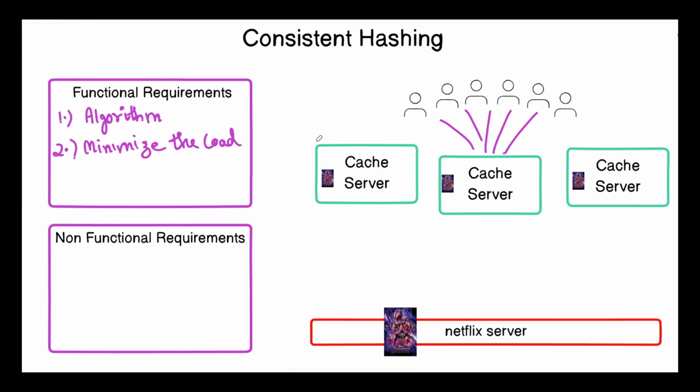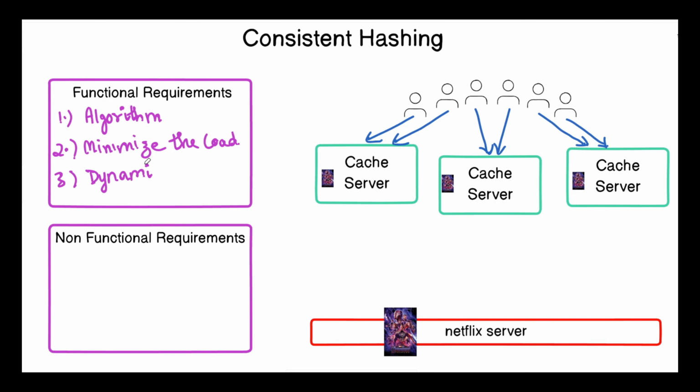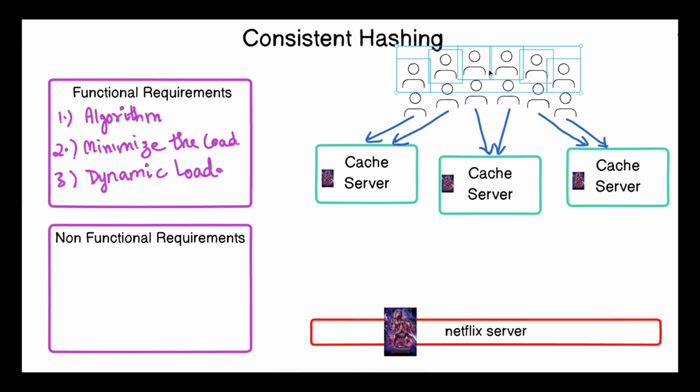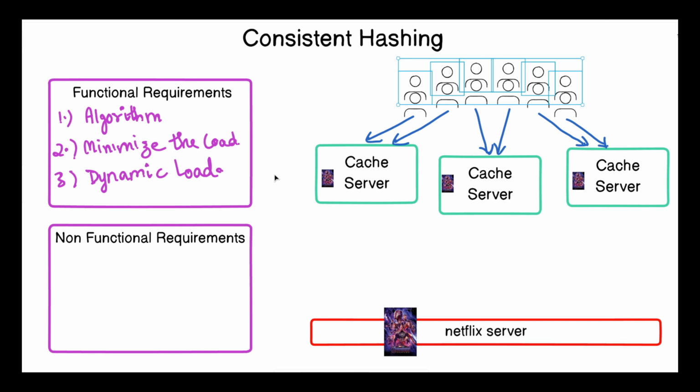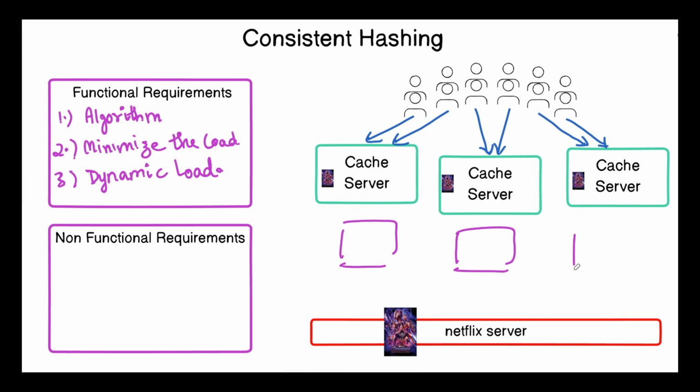It should be distributed equally among all the cache servers. The algorithm must be able to handle dynamic load. For example, at night, demand for the movie increases significantly, so in order to handle more requests, we need to add more cache servers in our system.